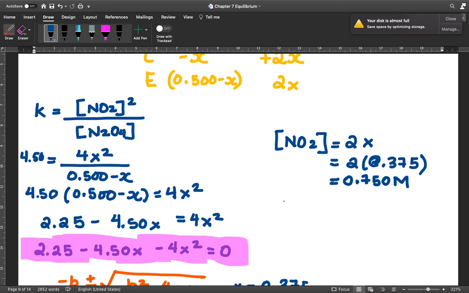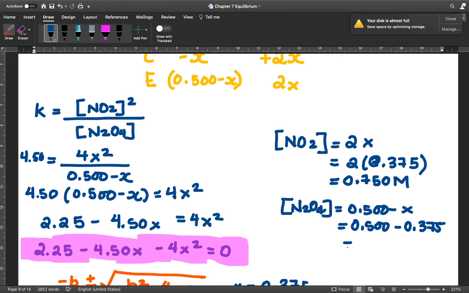Now taking a look at our concentration of N2O4, we know that the expression is 0.500 minus x. And when I solve for that, 0.500 minus 0.375, I'm going to get 0.125 moles per liter. So that is example number 4.